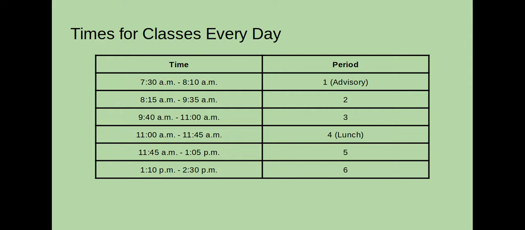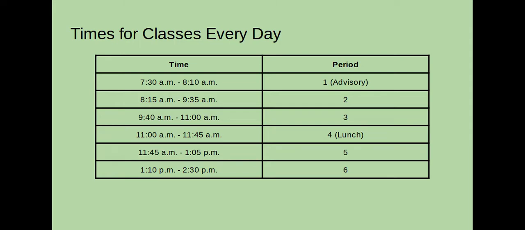At 8:15, they'll go to a new teacher using Google Classroom and Google Meet for second period. At 9:40, they'll go to a new teacher using Google Classroom and Google Meet for third period. At 11:45, they'll go to a new teacher using Google Classroom and Google Meet for fifth period.